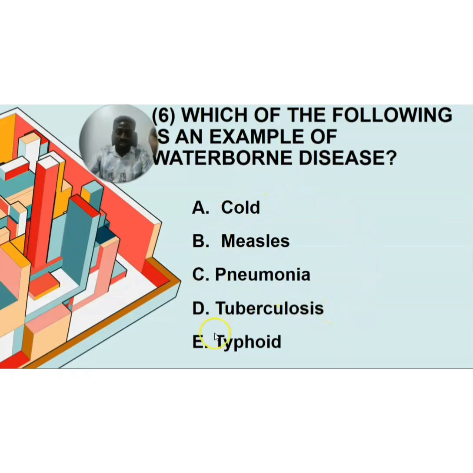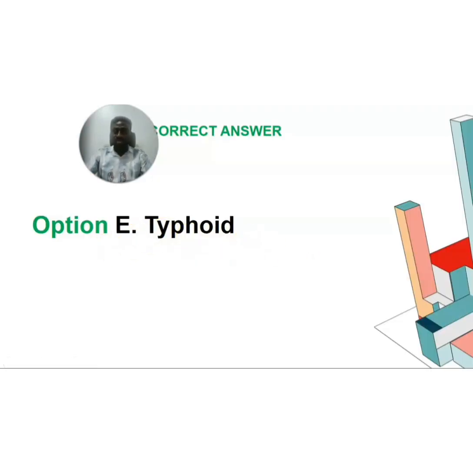So the only option that best describes this answer is option E, typhoid. Typhoid is a disease that is contracted through waterborne means. When we take contaminated water or contaminated fruit juice, it can lead to typhoid. So let's review the answer. The answer is option E, typhoid, as you can see.